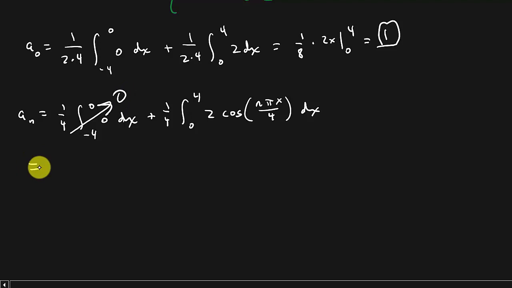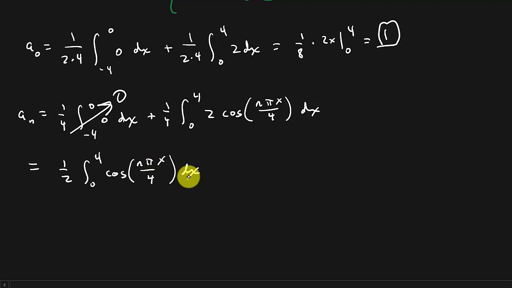So the antiderivative of cosine is sine, right? And I tell you what, before we integrate, let's just go ahead and write this as 1/2 times the integral from 0 to 4 of cosine of n pi x over 4 dx. Okay, let's just go ahead and bring that 2 out. All right, so now let's integrate this thing. So that's going to be 1/2.